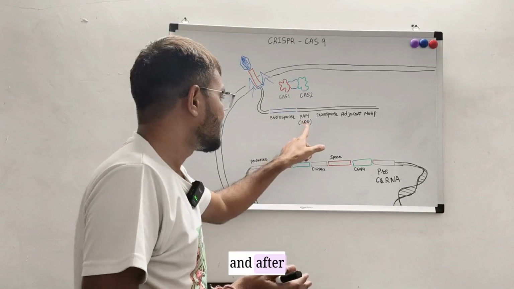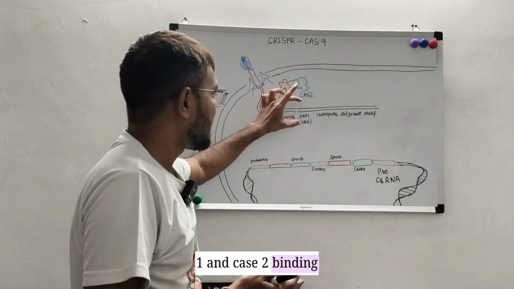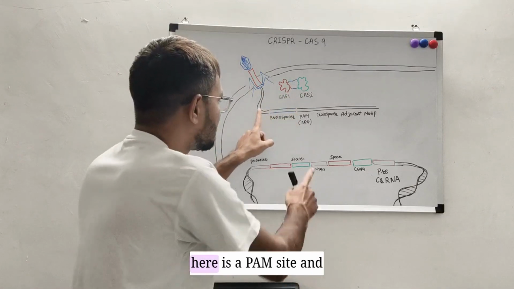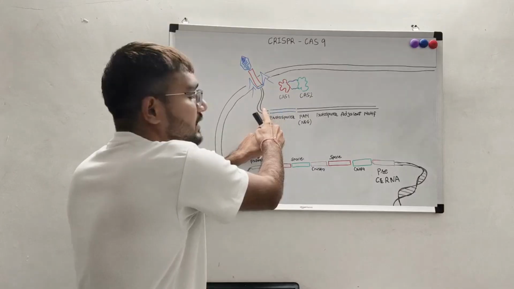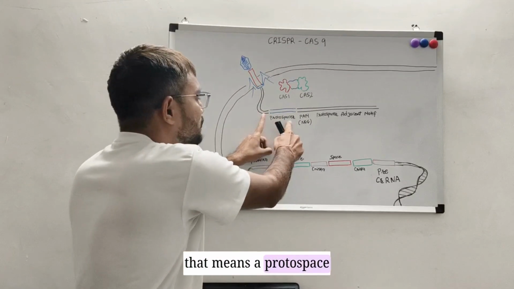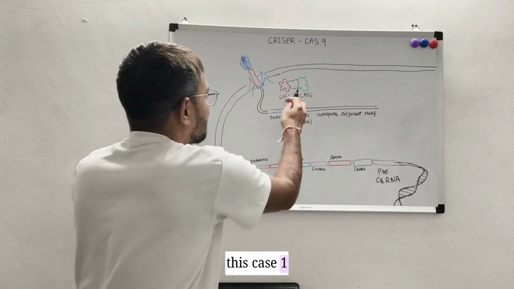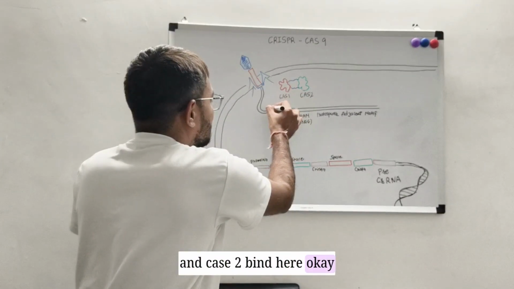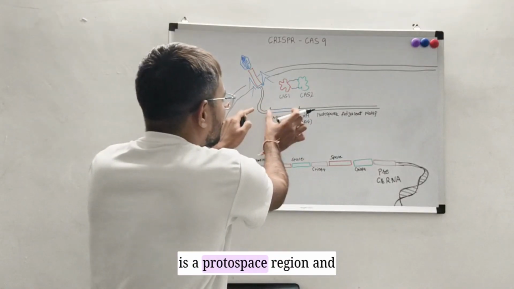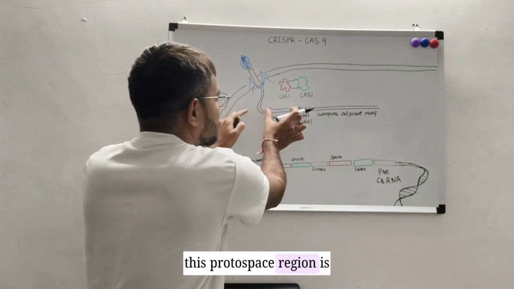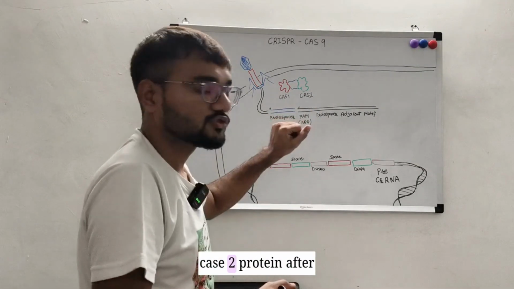After Cas1 and Cas2 bind at the PAM site, so here is the PAM site, they cut down the forward region, that means the protospacer region. This protospacer region is cut down via Cas1 and Cas2 proteins.